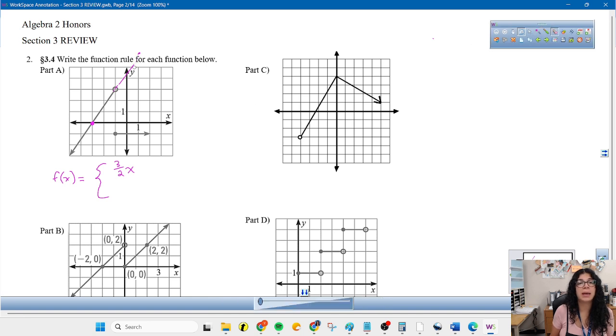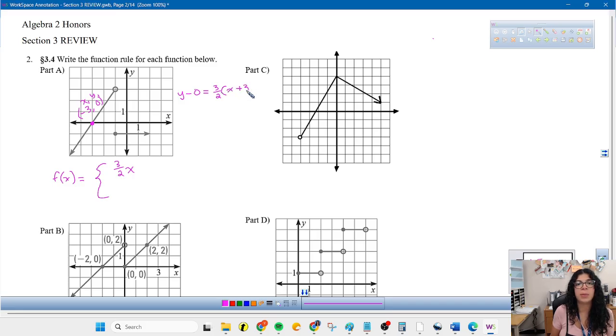So one of the ways that I can actually determine the equation in slope-intercept form is by using the point-slope form. So I'm going to use this point right here, which is negative 3, 0, as my x1, y1. And so my point-slope form is y minus y1 equals the slope times x minus x1.